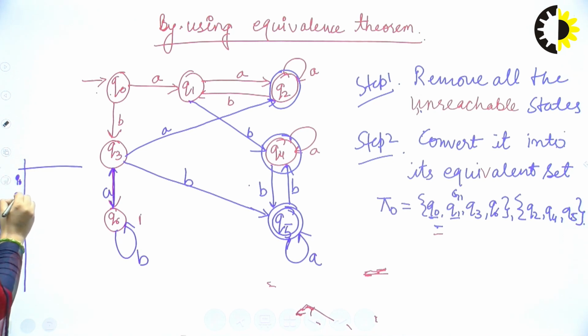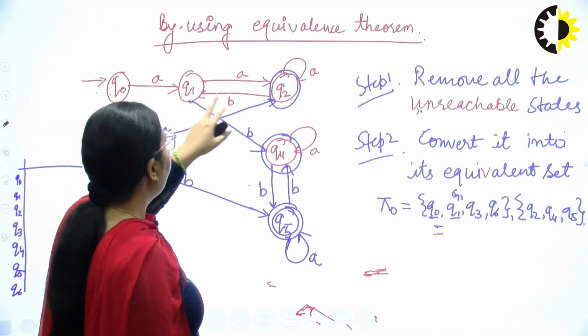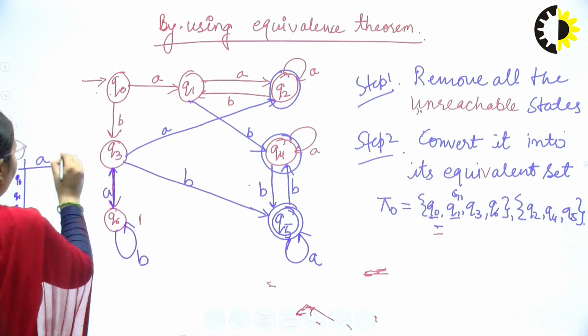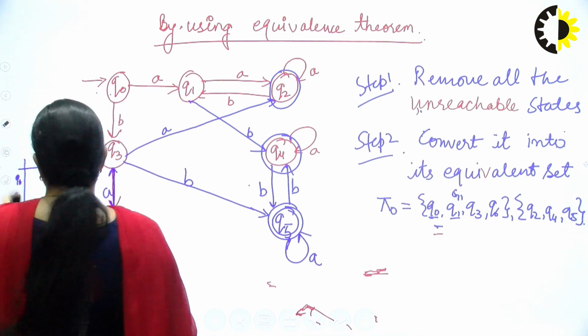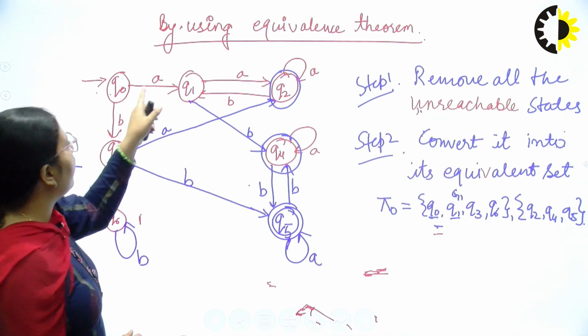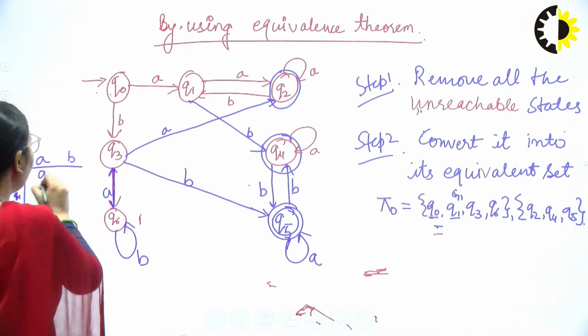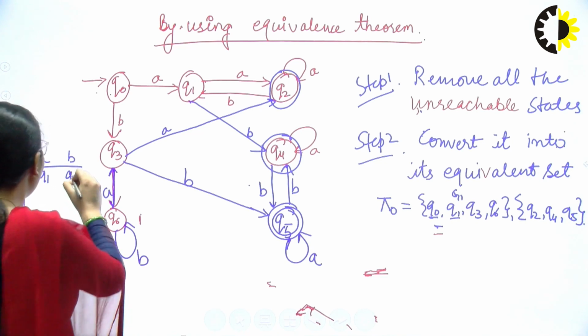Q0, Q1, Q2, Q3, Q4, Q5 and Q6, and it has two inputs, that is A and B. So here are the inputs and here are the states. From state Q0 on input A, it goes to state Q1. For input B, it goes to state Q3.